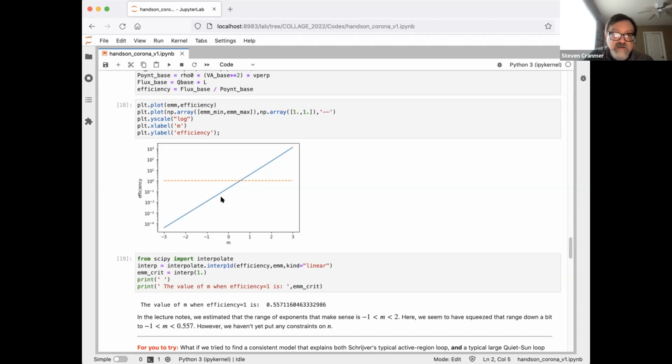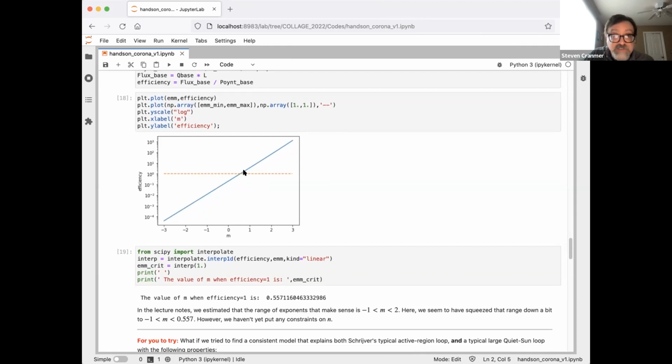This gives you a new range of realistic values of m. Right before, if you remember, we went from -1 to +2, but now it turns out that everything between about 0.5 and +2 doesn't seem to work with this particular requirement of reproducing Carl Schreiber's typical active region loop. I don't know how realistic that is, but it's an interesting result.